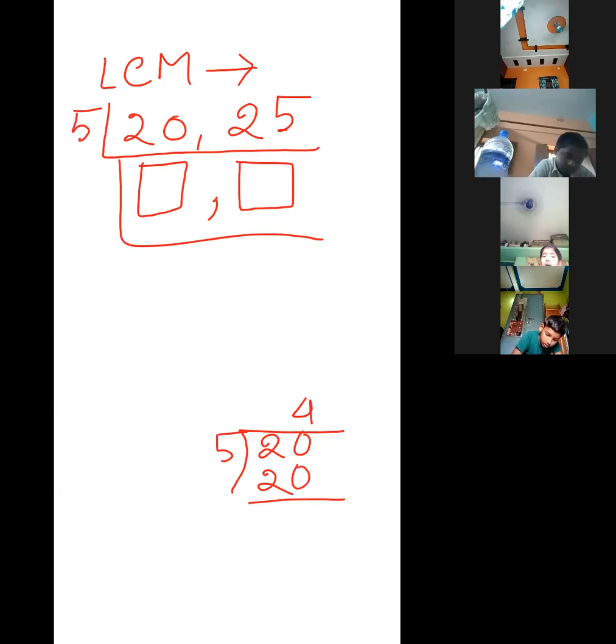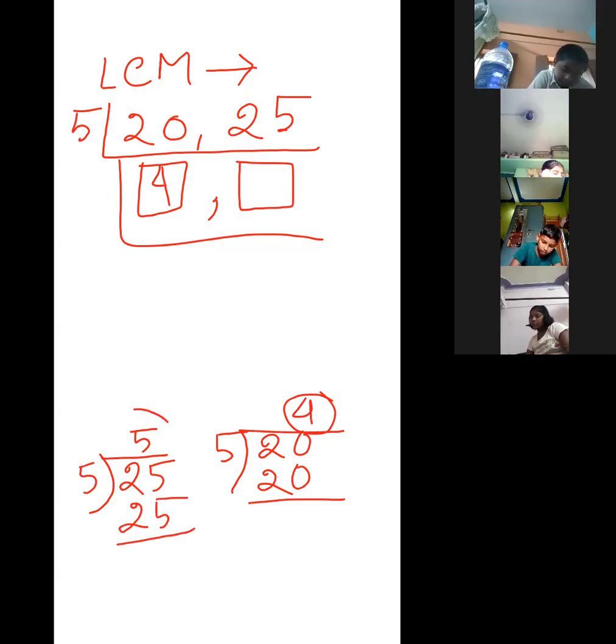So this 4 will be there. And if we divide 25 by 5, 5 5s are 25, na? So this 5 will be there. Yes or no? Afrina, Shahil Jamal, understood? Just shake your head, Shahil.